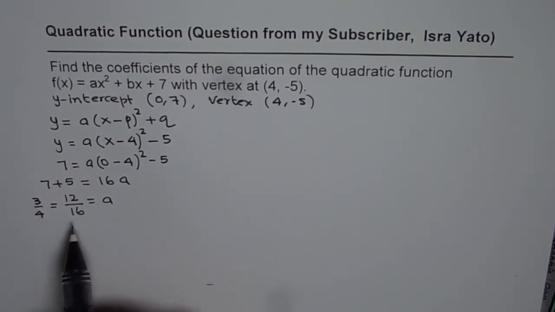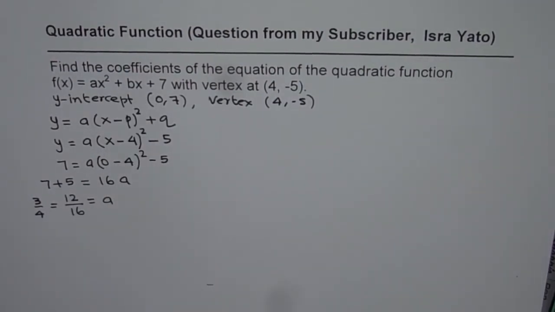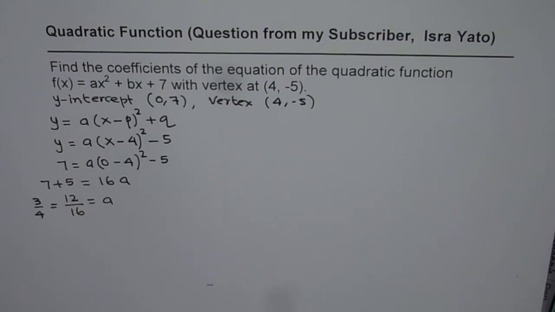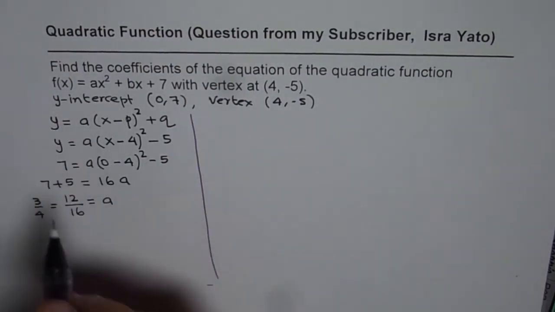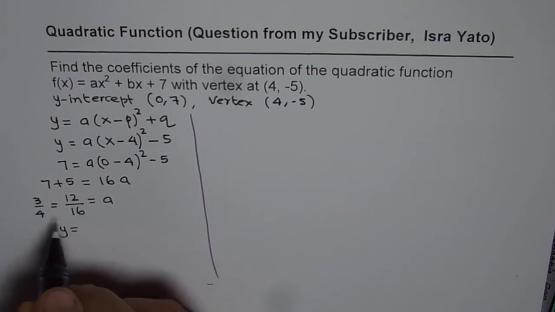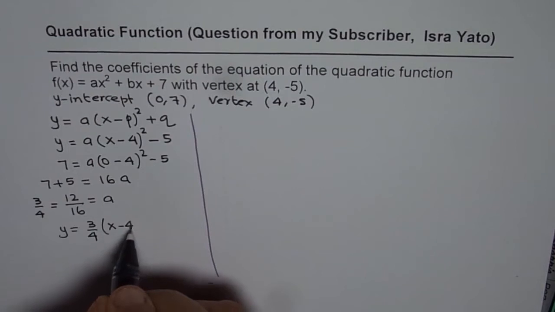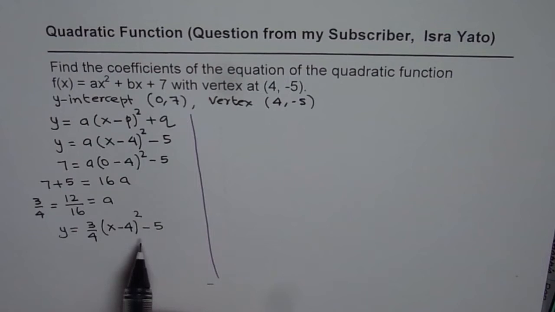Since we know a, we can substitute it in the equation and find b. Substituting a, we write y equals 3 over 4 times (x minus 4) squared minus 5. Now we can expand this equation and equate the coefficients.